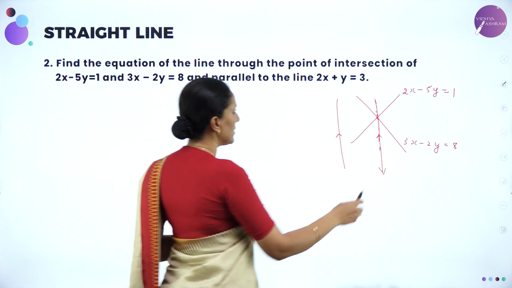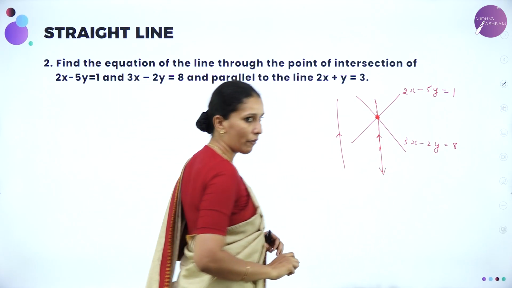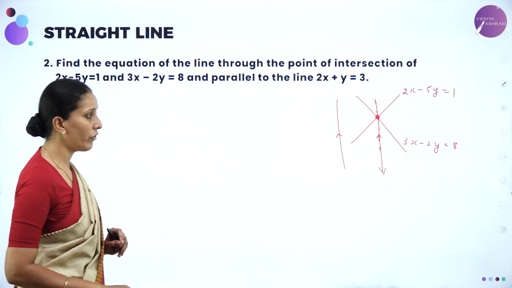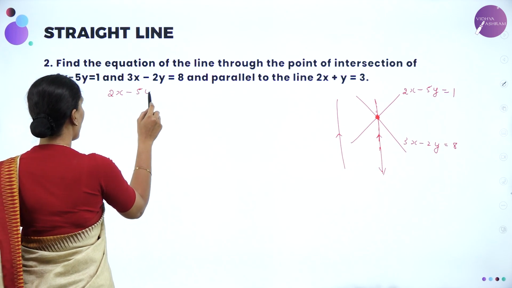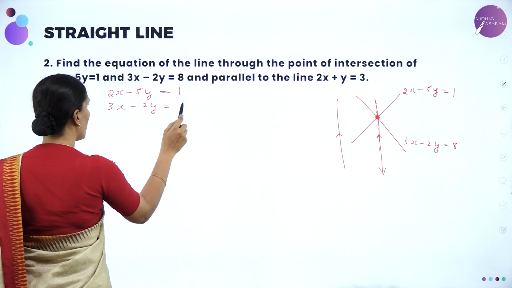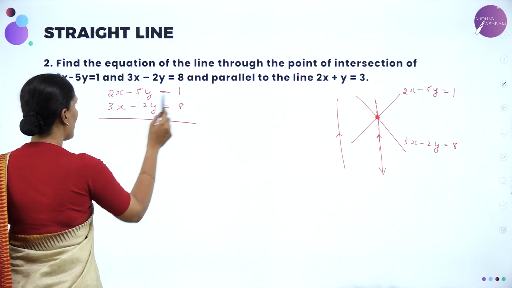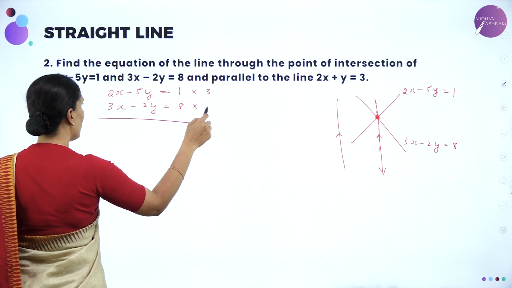Since the point of intersection is a point on the required line, first let us find the point of intersection by solving these two equations: 2x minus 5y is equal to 1 and 3x minus 2y is equal to 8. Let's multiply to make the coefficients of x equal. Multiply the first by 3 and the second by 2.